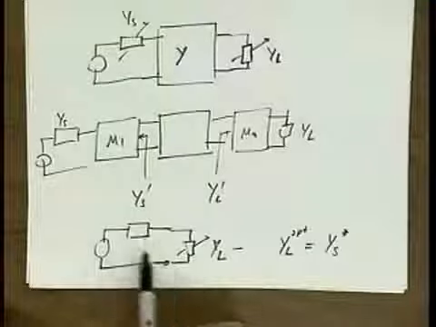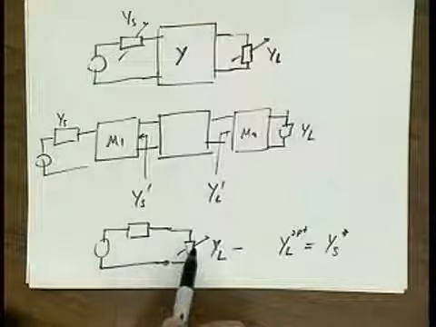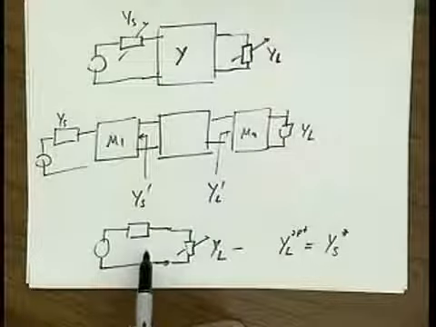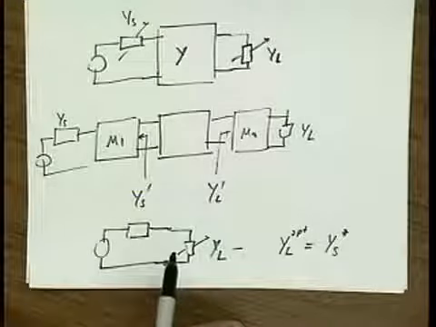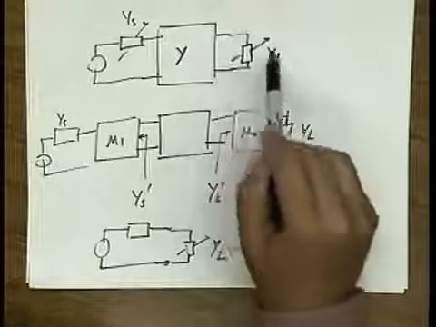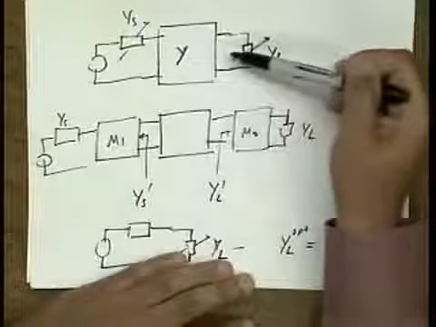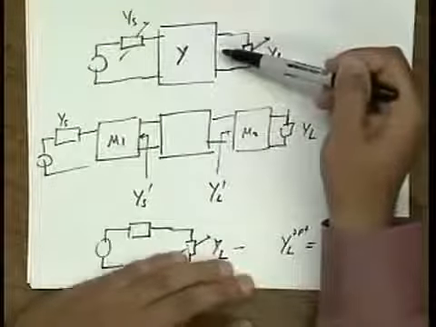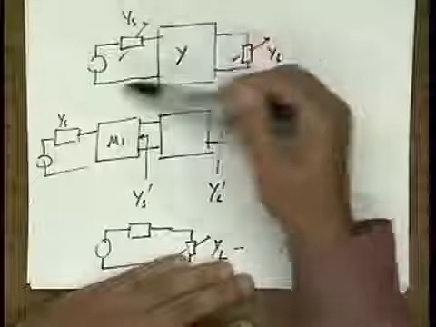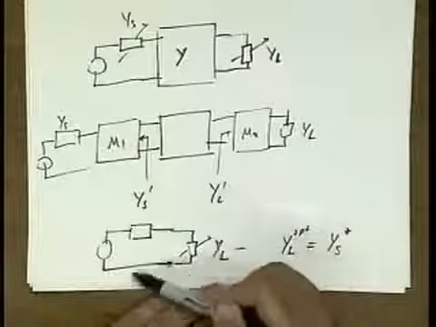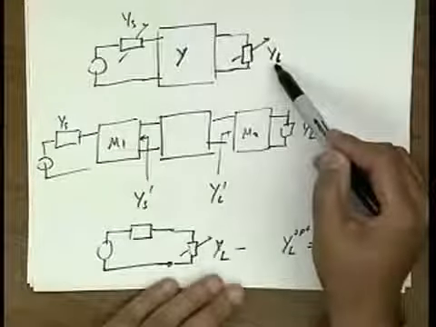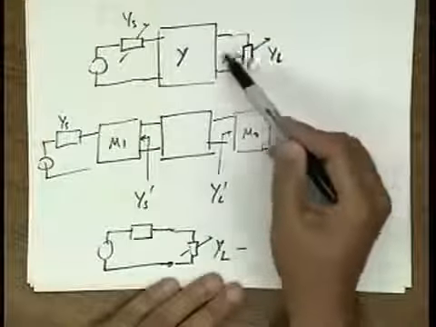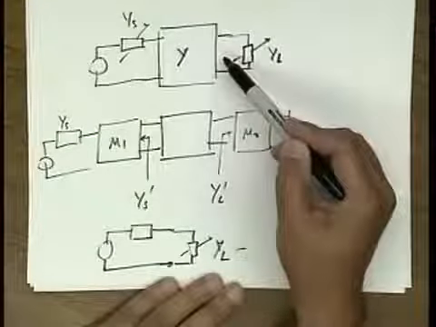Okay. Well, let me again make a strong analogy to this case. In this case, we complex conjugate matched, and that transferred the most power into this load. Now, if I look at this load here, if I look back to the source, look back to the two-port, I can think of this two-port as being this equivalent circuit. In which case, I would want my load to be the complex conjugate of the output impedance of this two-port.